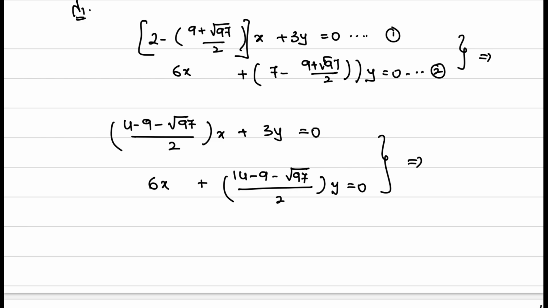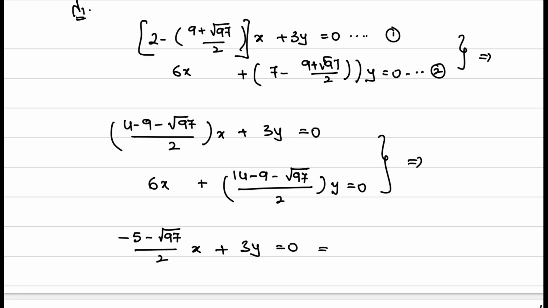Then these imply (minus 5 minus square root of 97) whole divided by 2 into x plus 3y is equal to 0.